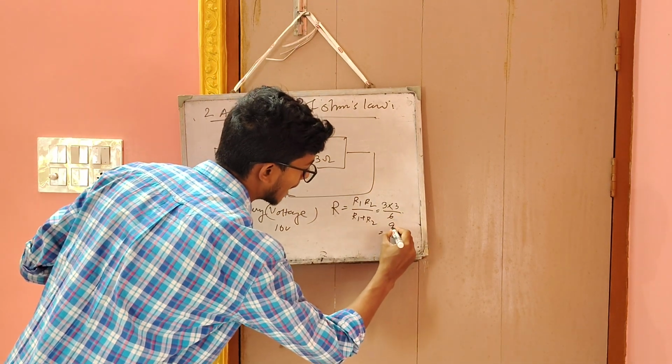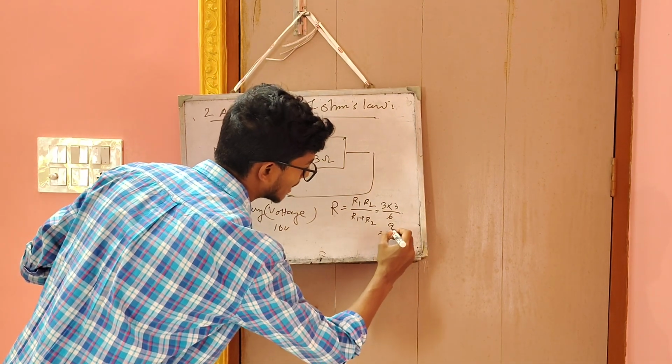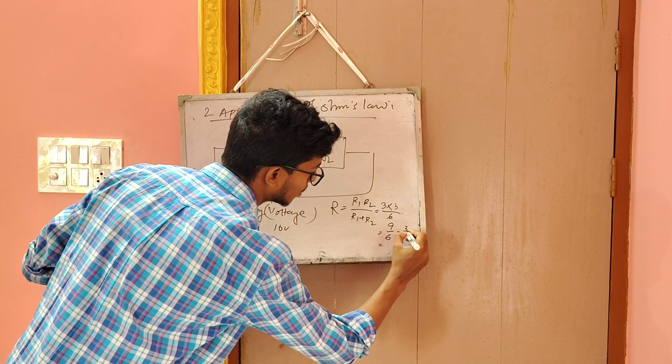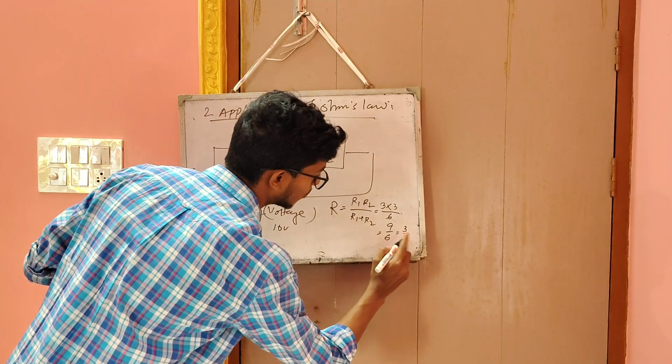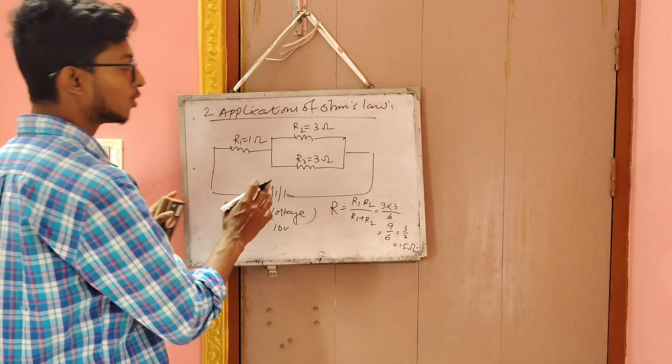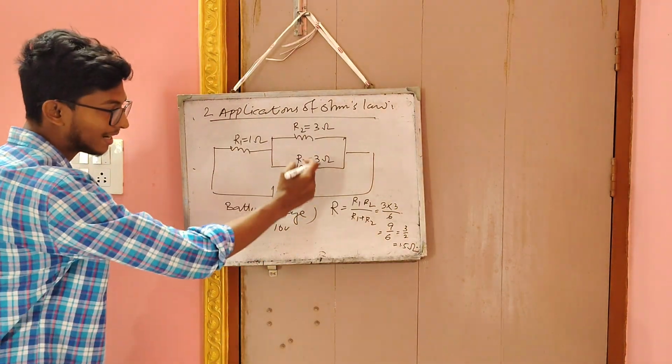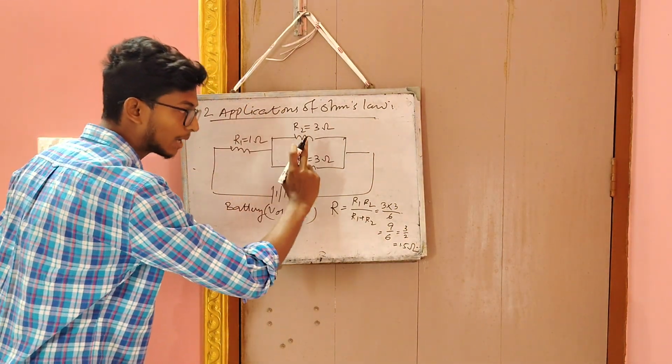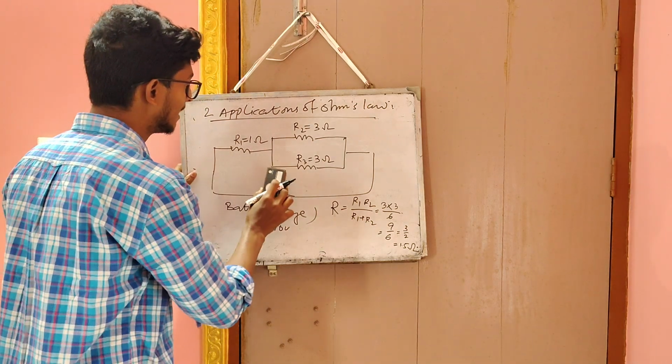So we get 9 by 6. Cancelling out, 3 by 2, that is 1.5 ohm. So the equivalent resistance of R2 and R3 is 1.5 ohm.